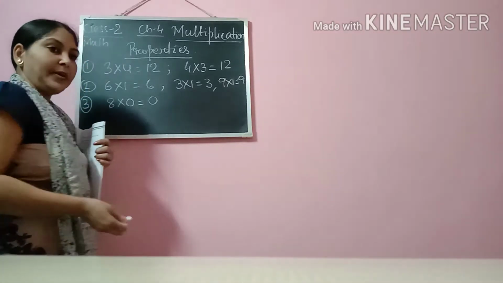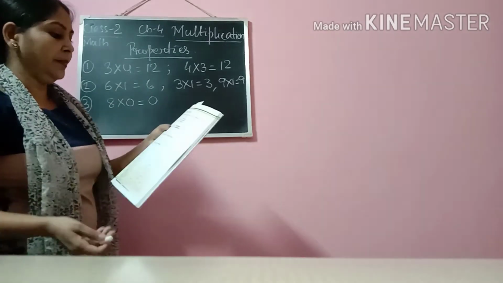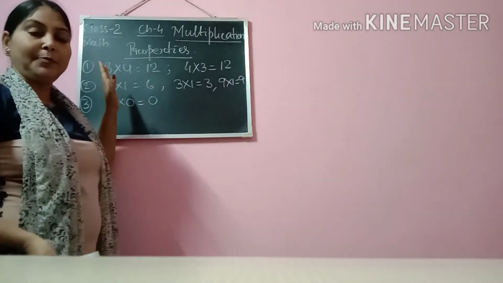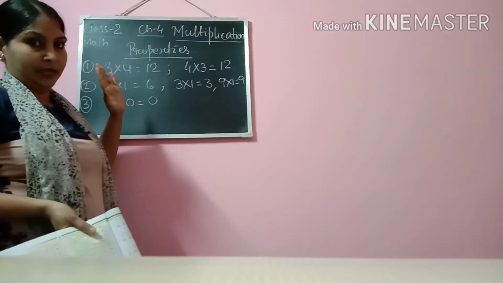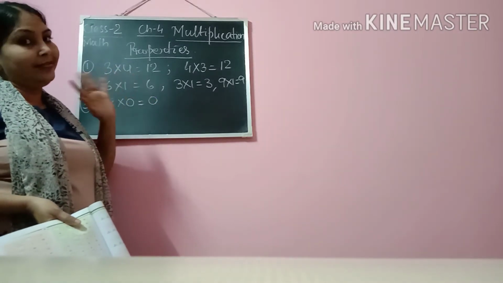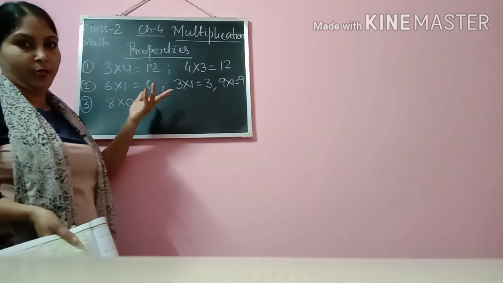Okay, so I am repeating once again the three properties of multiplication. The first one, we can multiply the numbers in any order. The answer will remain the same, like 3 into 4 is 12, 4 into 3 is also 12.